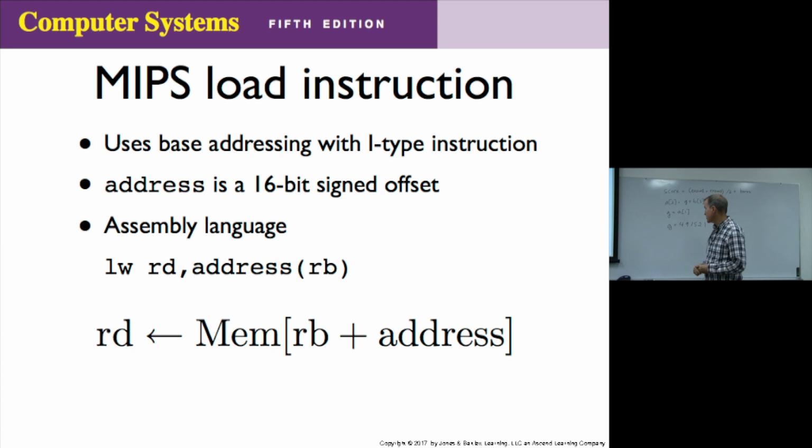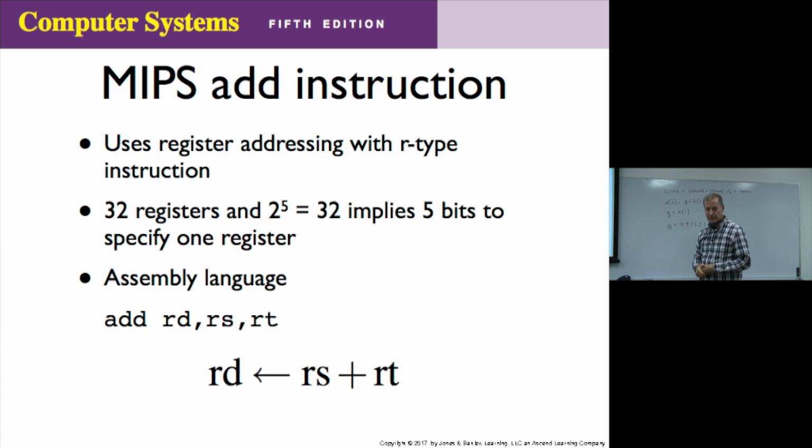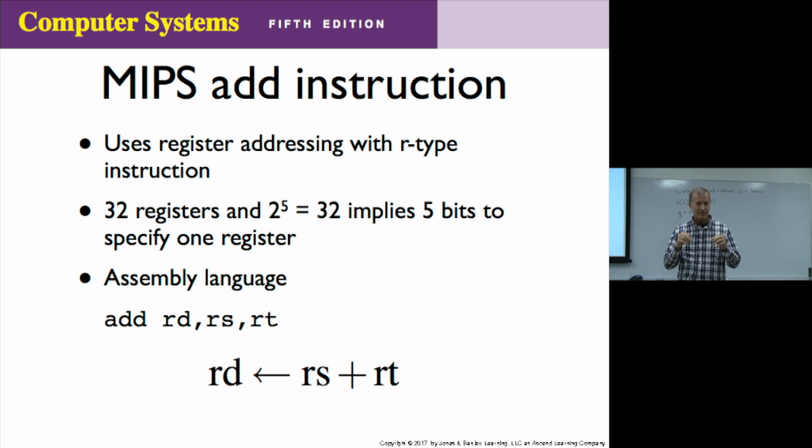And then the add instruction, we're going to have to add. Remember, all of the computation takes place between 2 registers. So the add instruction uses register addressing with R-type instruction, and here again is the information that we just spoke about a minute ago. 2 to the 5th equals 32, so there are 5 bits to specify 1 register.